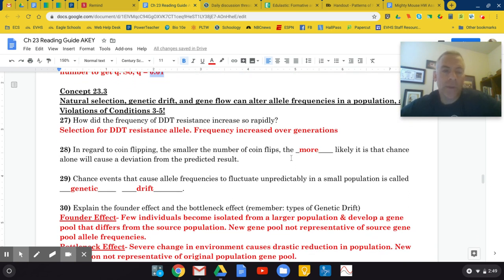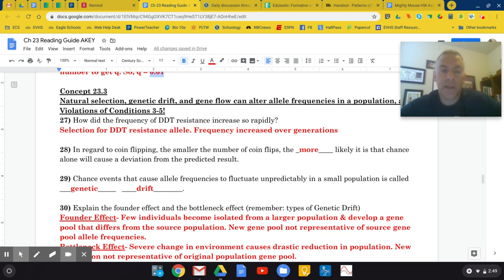28, in regard to coin flipping, the smaller the number of coin flips, the more likely it is that chance alone will cause a deviation from the predicted result. My quick example there is if I flip a coin 10 times, you can often see 5 heads and 5 tails, but you also very often can see 9 heads and 1 tail, or 7 tails and 3 heads.